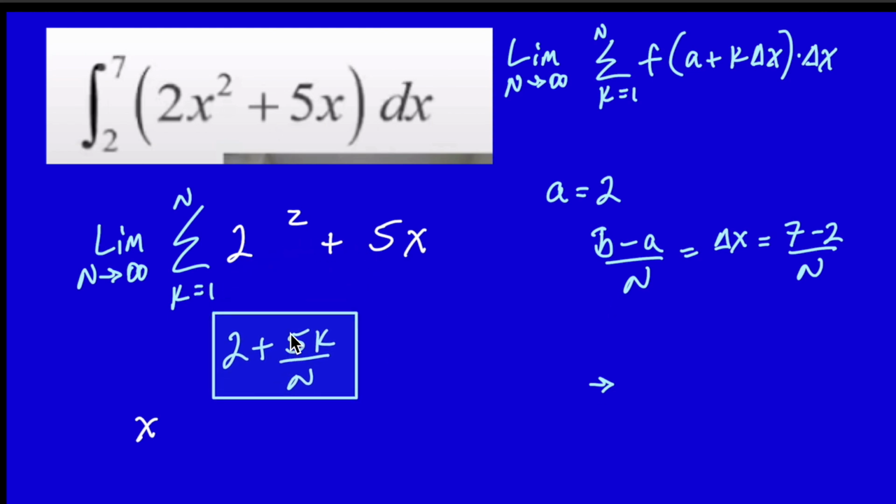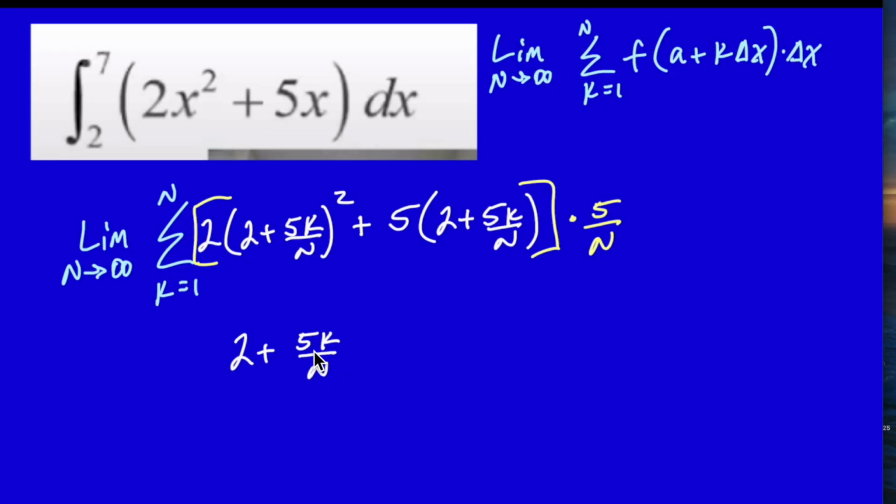I went ahead and did that. I took a plus k delta x and put that in for x in both places. And then, folks, finally, I want you to notice I put a bracket around all this, and then there is our delta x. So this is your final answer.